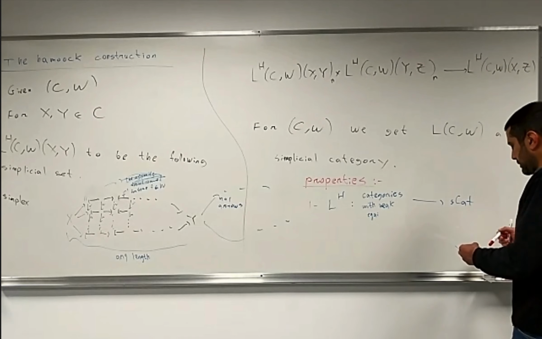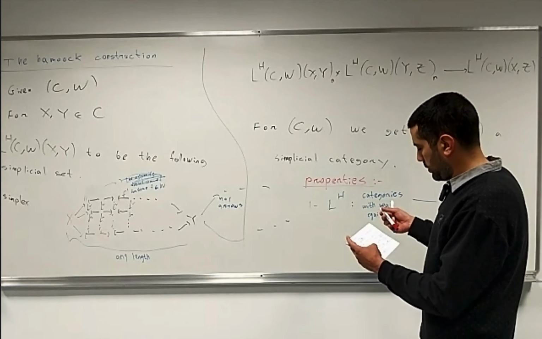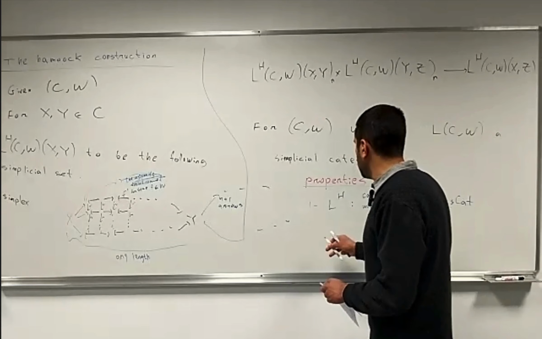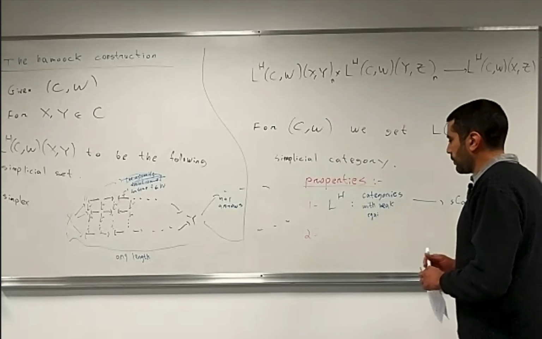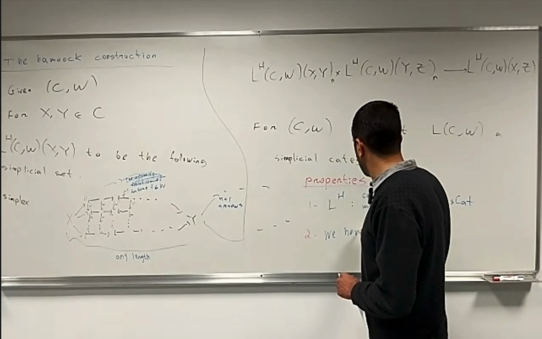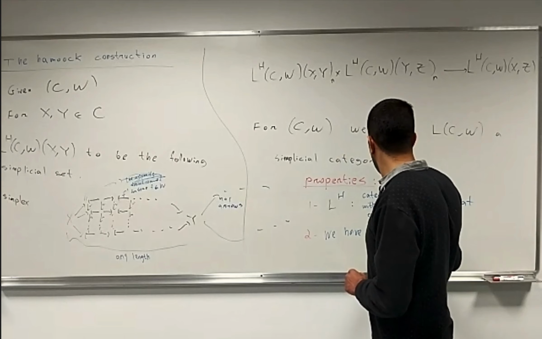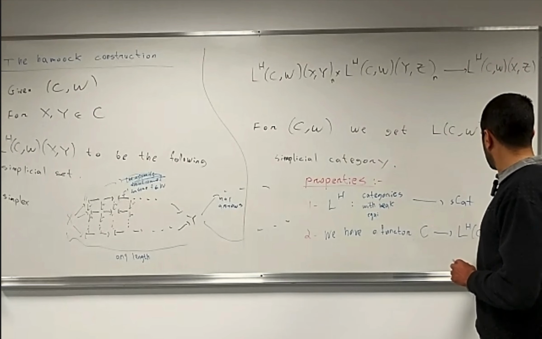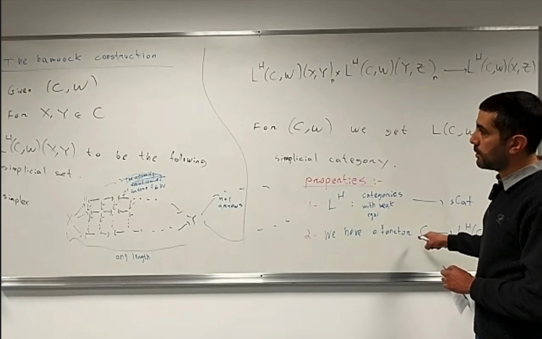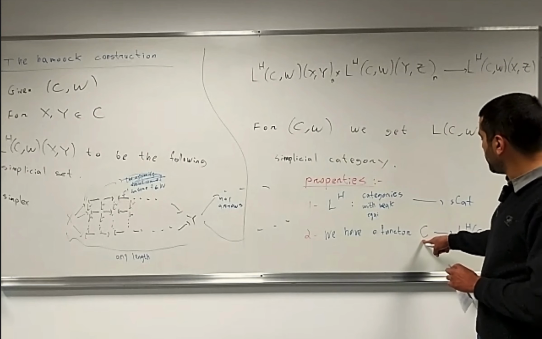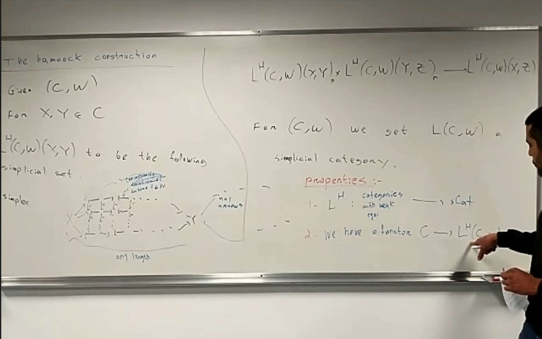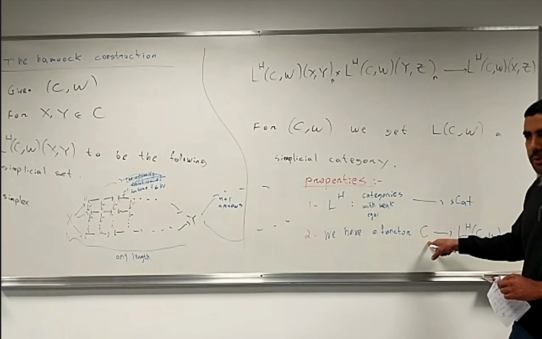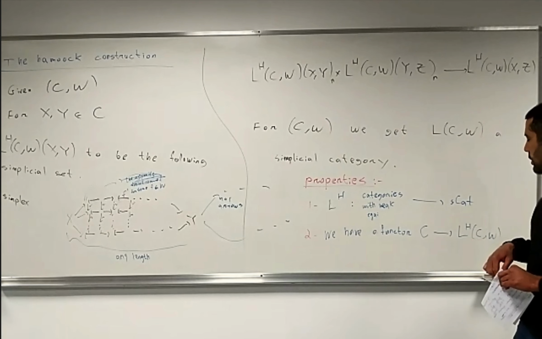The other thing is that we have a functor from C to this, for some C. I want just C as a category, but the functor here is a functor of simplicial categories, as Igor explained last time.